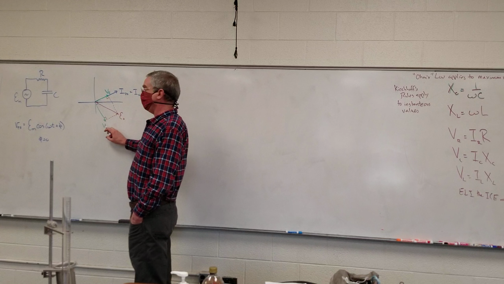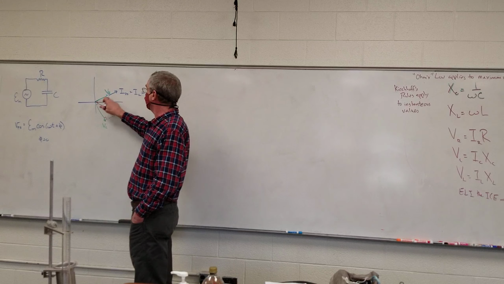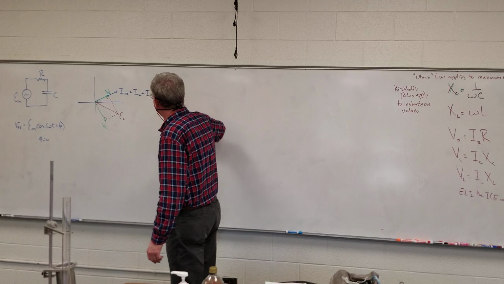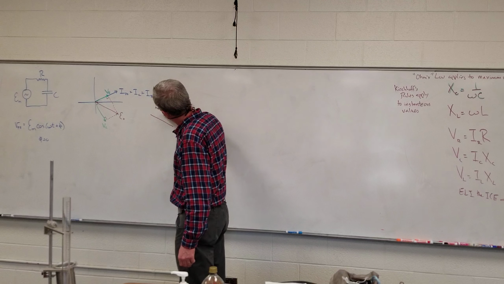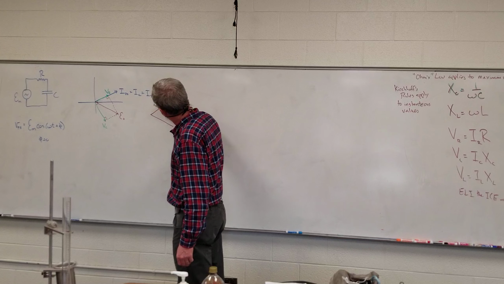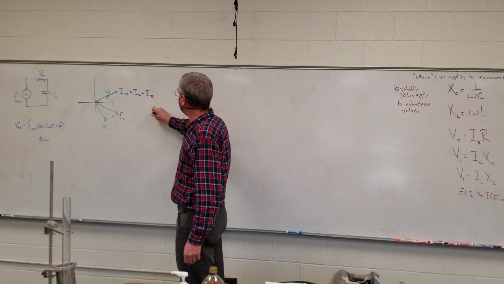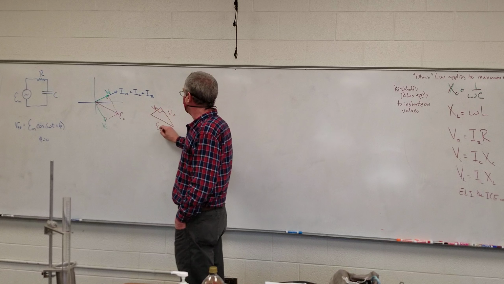Since VR and VC are perpendicular to each other, we create a right triangle here. So, sort of drawing that out in the same way: the length of this side is VR, the length of this side is VC, and the length of the hypotenuse is epsilon.